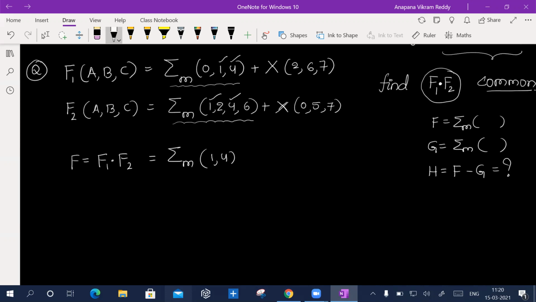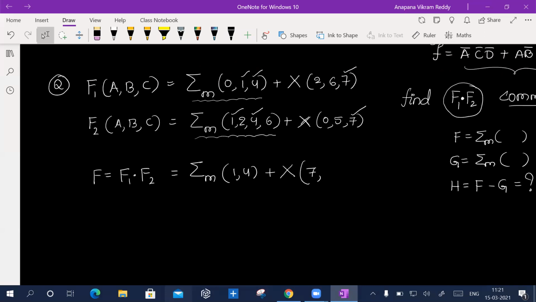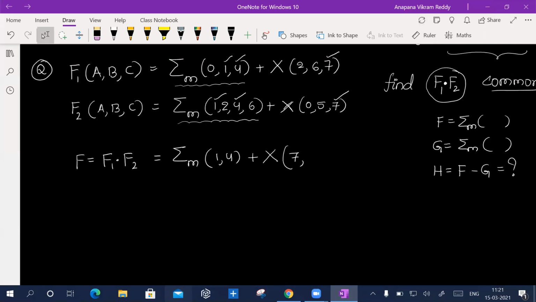Also, we have don't cares here. Do you have any don't cares common here? 7, sir. Very good. So 7 is common, but life is not over yet. Coming to minterms, directly you can take the common stuff whenever you have don't cares. Now I have here 2 and 6, 0 and 5.